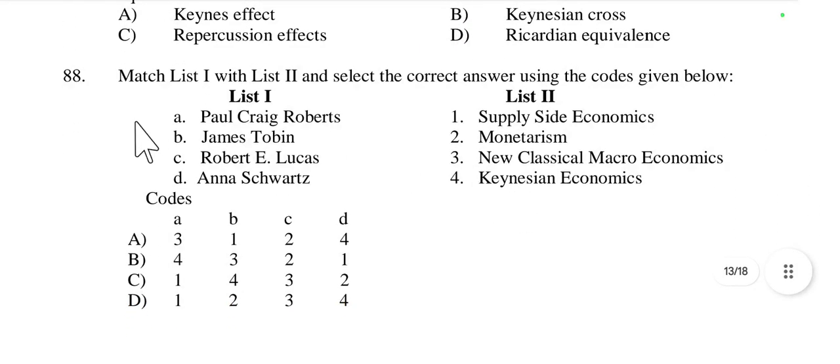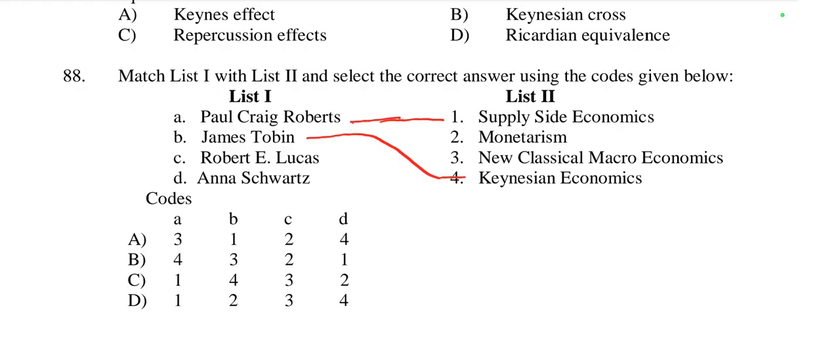Question number 88, list 1, list 2. The first names are Paul Craig Roberts, James Tobin, Robert E. Lucas, and Anna Schwartz. Paul Craig Roberts is related with supply side economics. James Tobin is related with Keynesian economics.